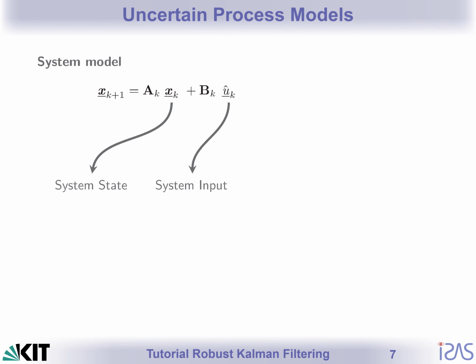So let's get to how these process models, these system models look like. If you have a deterministic model, you just have this: x is just A times x plus B times u hat. And that's all you assume about it.